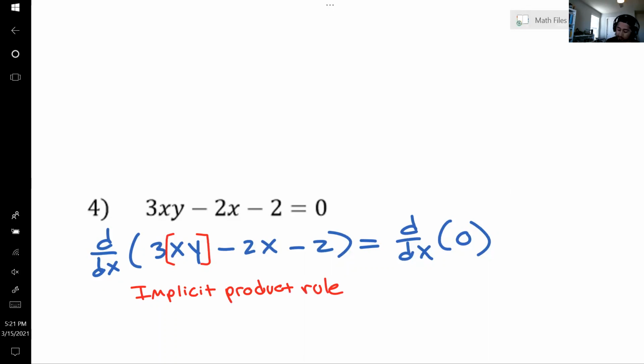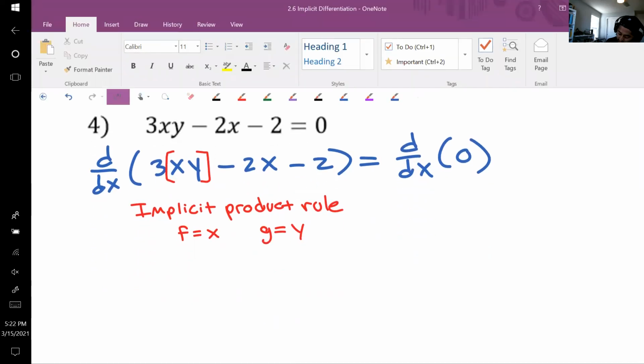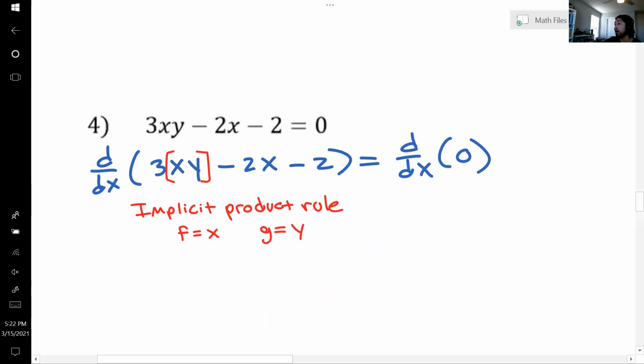So this will use the implicit product rule, which means that f will be x and g will be y. Now with the product rule, we take the derivative of f and the derivative of g.